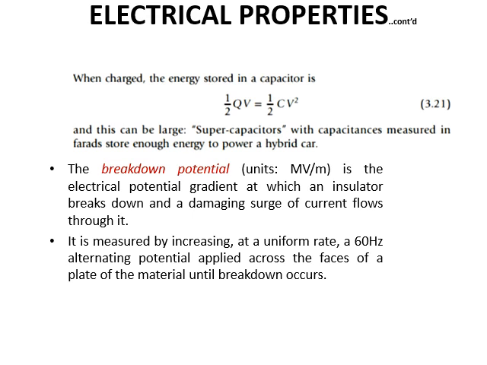The breakdown potential, in megavolt per meter, is the electrical potential gradient at which an insulator breaks down and a damaging surge of current flows through it. It is measured by increasing at a uniform rate a 60 Hz alternating potential applied across the faces of a plate of the material until breakdown occurs.